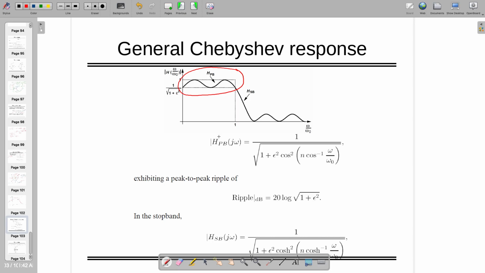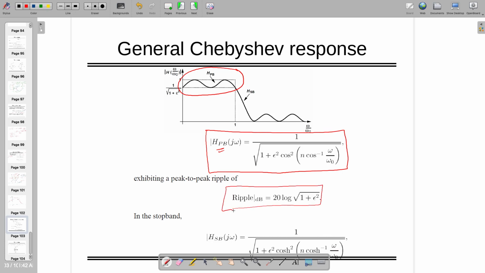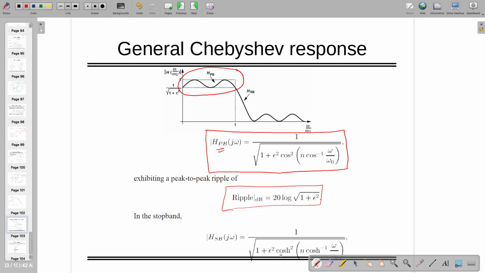So here the passband in terms of j omega is going to give you this function, and ripples are going to give you this function, which you can already find out. And for the stop band, we know this was Cn square omega by omega naught.